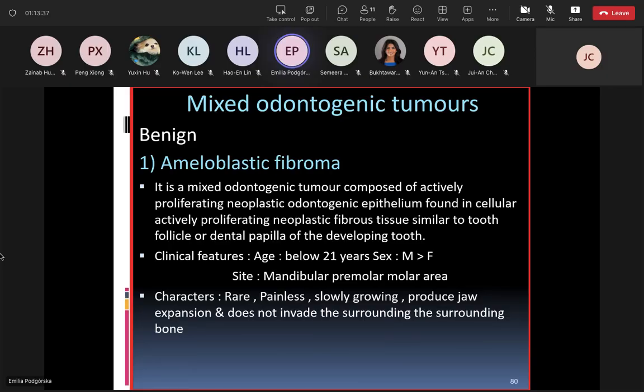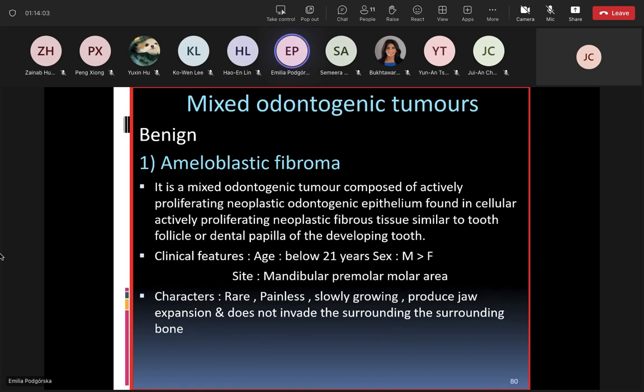Mixed odontogenic tumors, benign. Ameloblastic fibroma is a mixed odontogenic tumor composed of actively proliferating neoplastic odontogenic epithelium found in cellular, actively proliferating neoplastic fibrous tissue, similar to the follicle or dental papilla of the developing tooth.